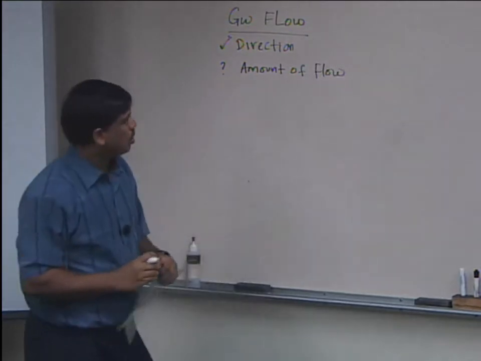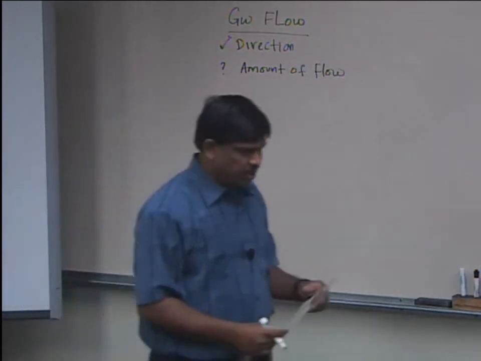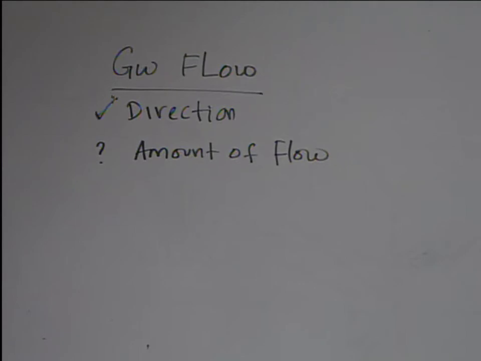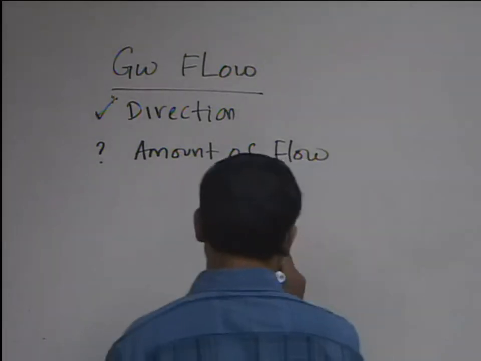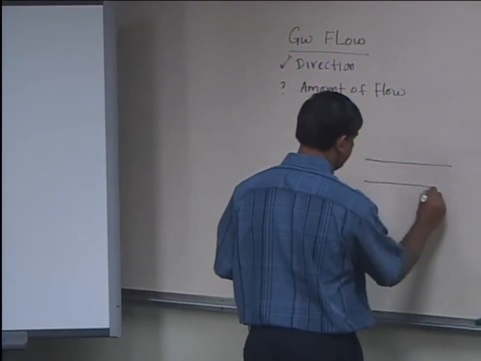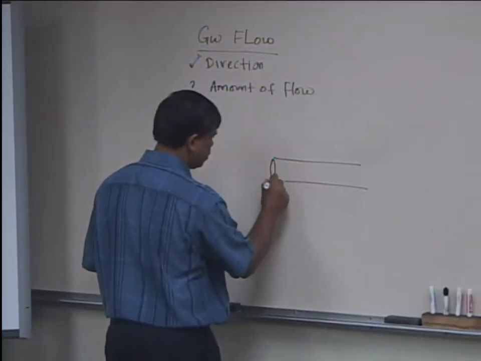Intuitively, what we are trying to ask is, now I know the direction, so let me set up a little experiment. I'll make it simple. Let's keep the column straight.